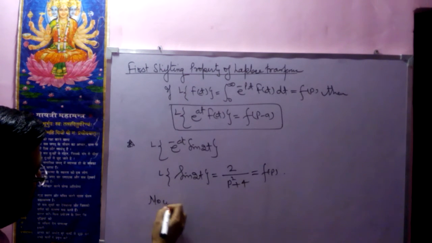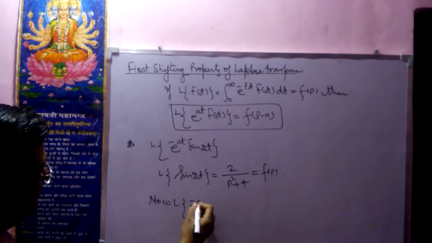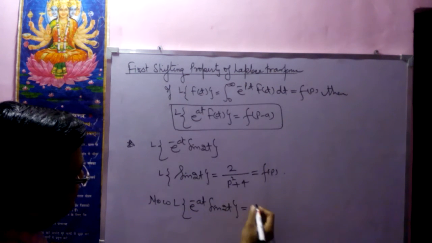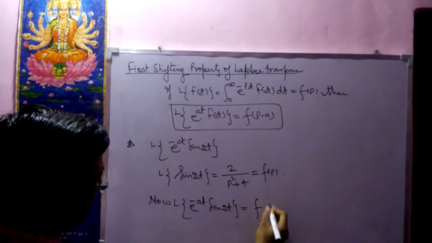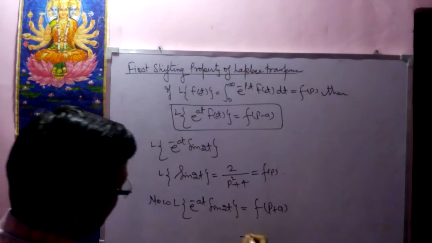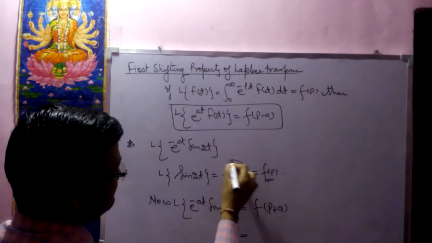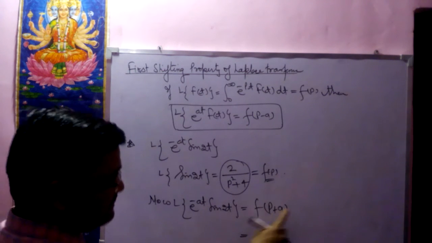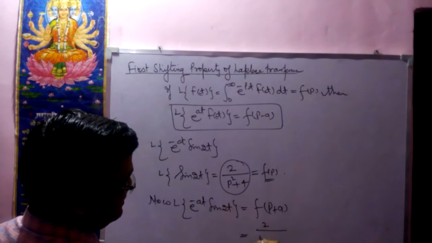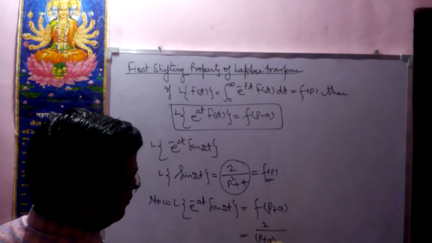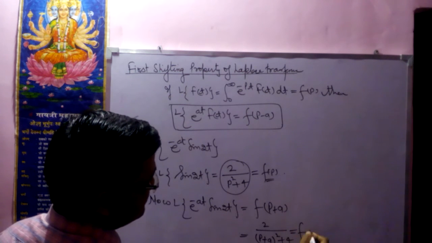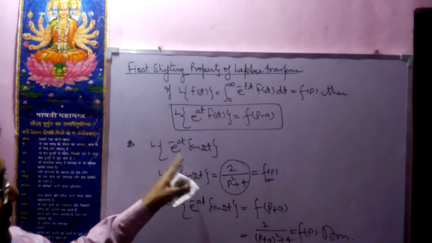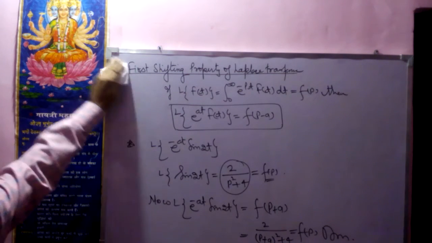Now, the Laplace of e to the power minus at sin 2t will be f(p plus a). Here the function of p is 2 upon p square plus 4, so it will be 2 upon p plus a to the whole square plus 4. This is also a function of p. This is the important rule of the first shifting property.